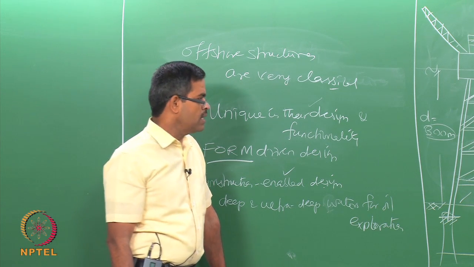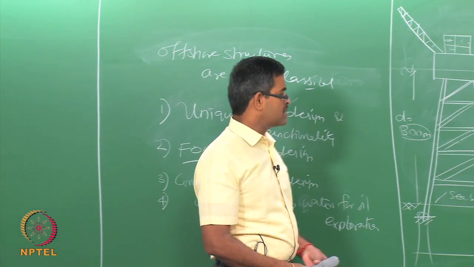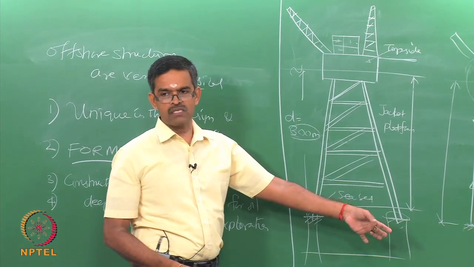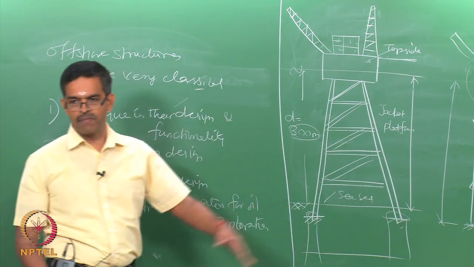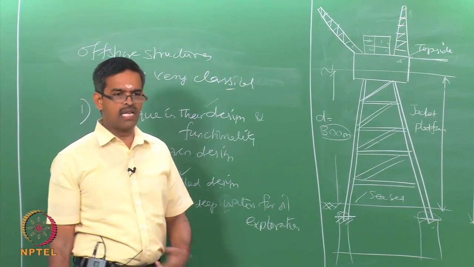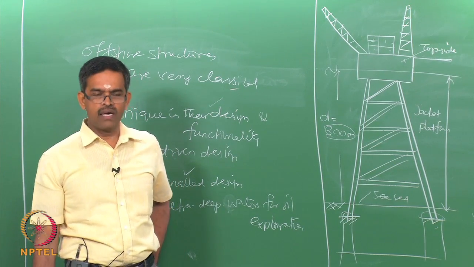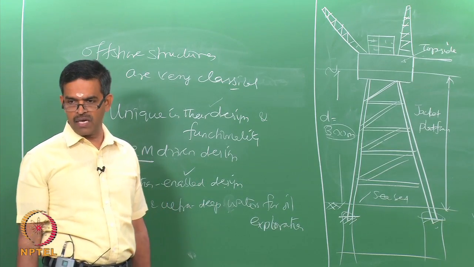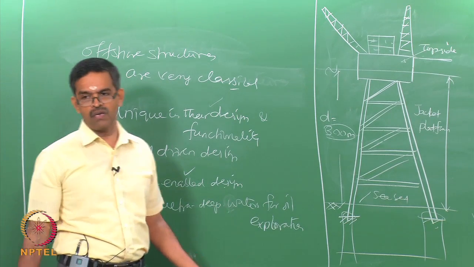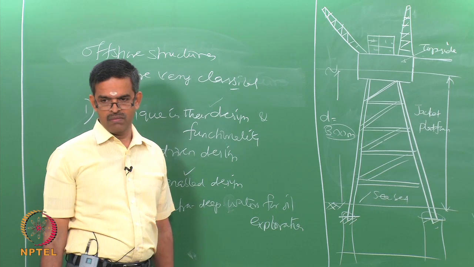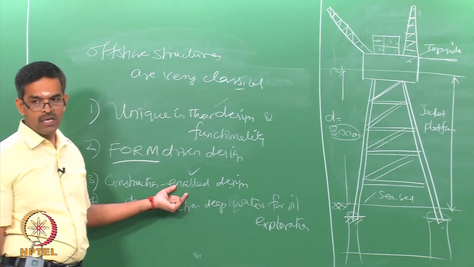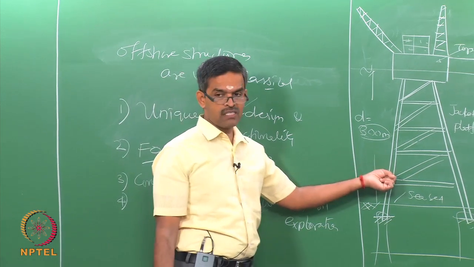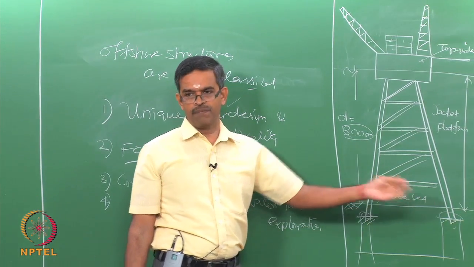So, obviously, a structural form which can suffice 300 meter depth cannot be used as it is for 2500 meter depth. As a structural engineer, as an engineering mechanics graduate, we all agree with my statement, there needs to be some major modification in the design or in the structural geometry which can enable the construction feasibility and of course, the survivability of the platform as the platform installation goes deeper and deeper.